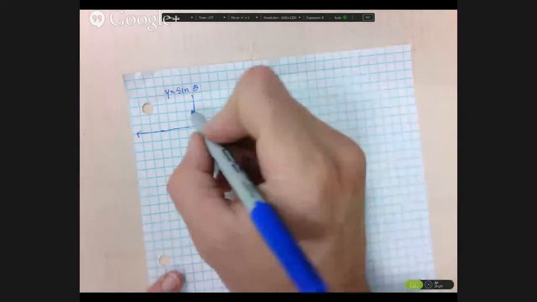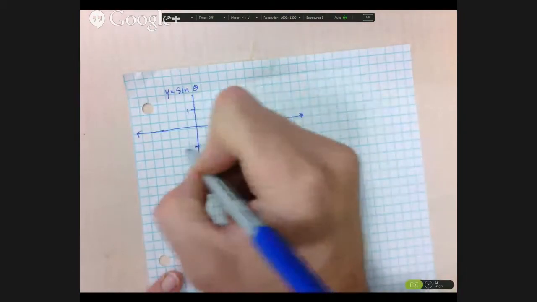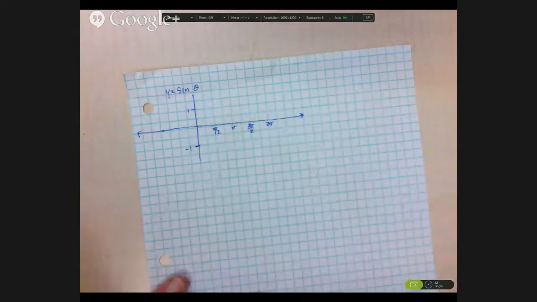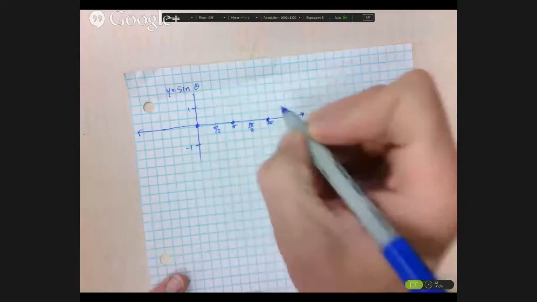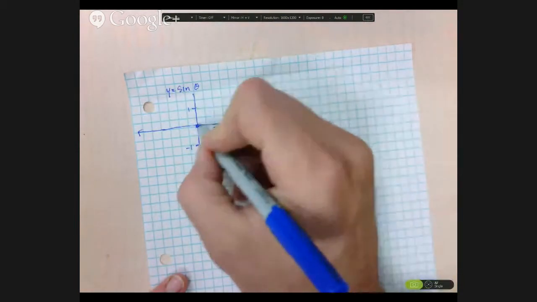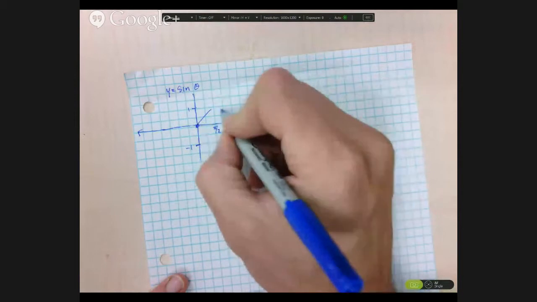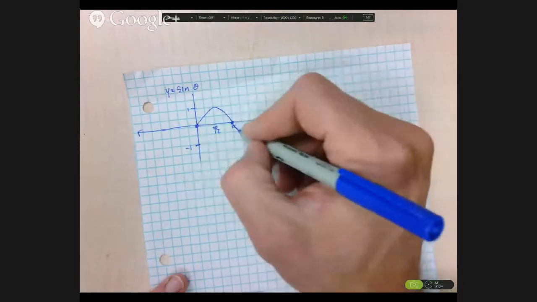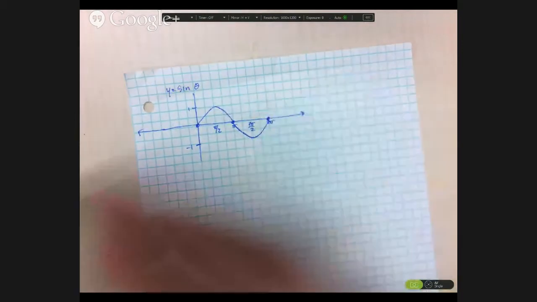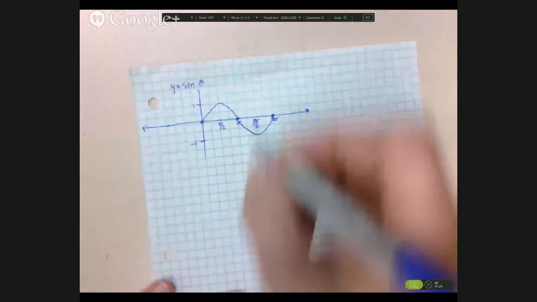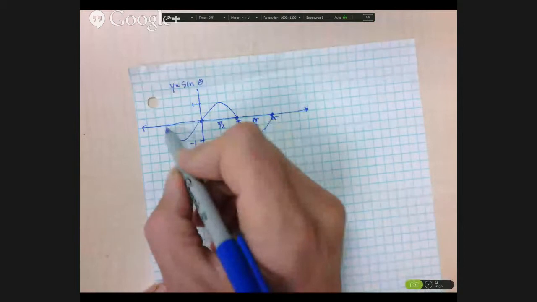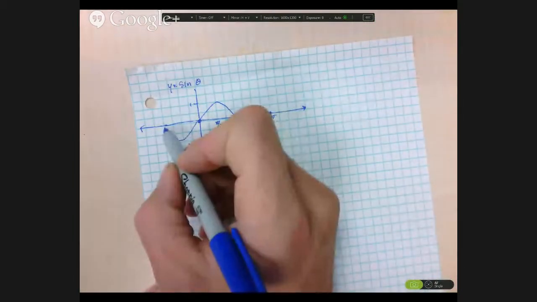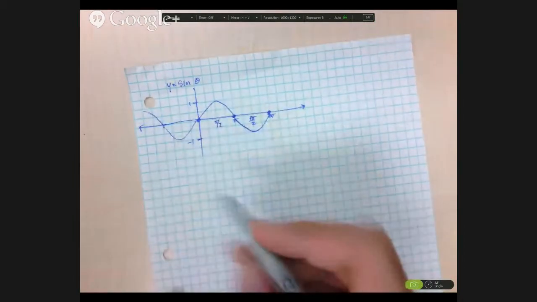Sine is bounded by -1 to 1. Crosses the x-axis here. Goes like so. Okay, good idea to memorize those as well. And if you want to go backwards, it continues on like so, etc.